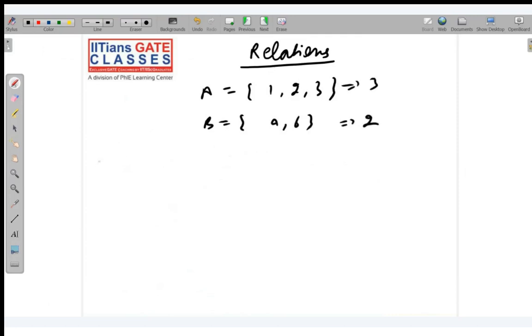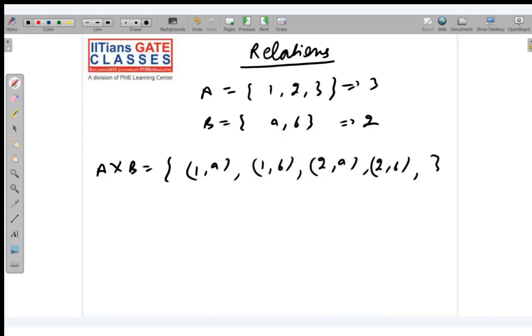So we will write A cross B, that means the cross product. How will you write it? You pick one element, 1a, 1b, then 2a, 2b, 3a, 3b. And these are ordered pairs, so here order matters.